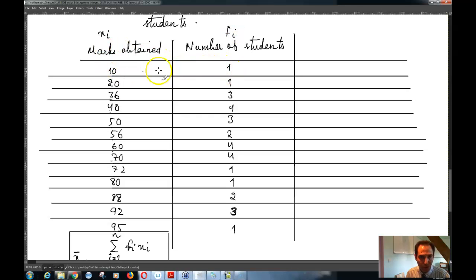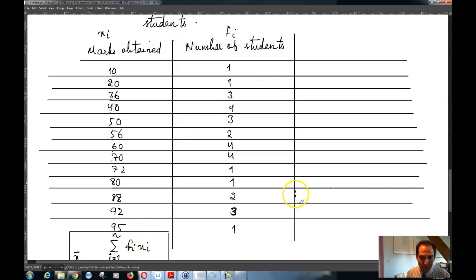It means that the frequency of x of i equal to 10 was 1, the frequency of x of i equal to 20 was 1, and the frequency of x of i equal to 36 was 3. That means the mark 36 occurred 3 times, or in simpler language, was scored by 3 students in that class.